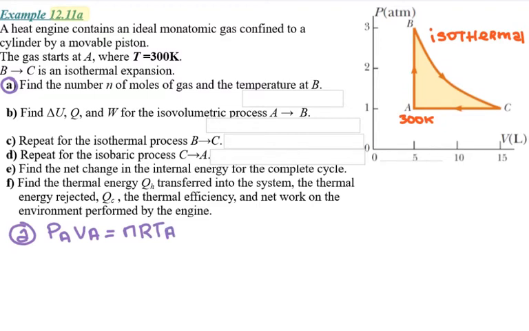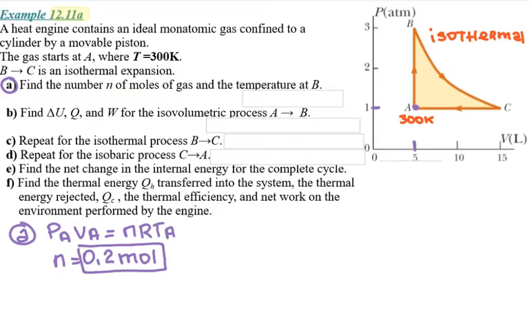From here I can calculate that n is equal to 0.2 mole, because the pressure is 1 atmosphere at A, and the volume is 5 liters, that is 5 times 10 to the negative 3 meter cubed. R is the gas constant, which is 8.3, and the temperature they give you 300, so I can calculate what n is equal to.